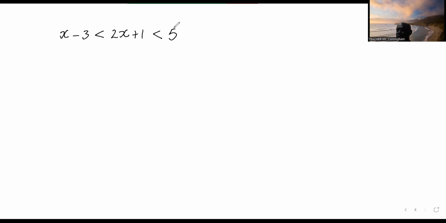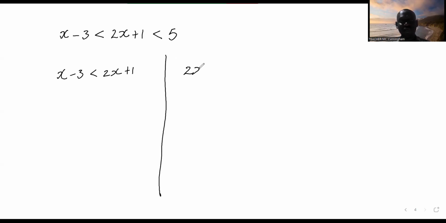You have to break it up into 2 parts. So you have to do x minus 3 is less than 2x plus 1. That's the first part. And 2x plus 1 is less than 5.